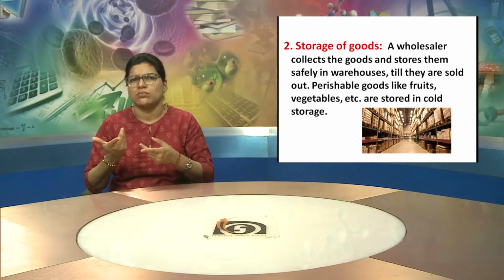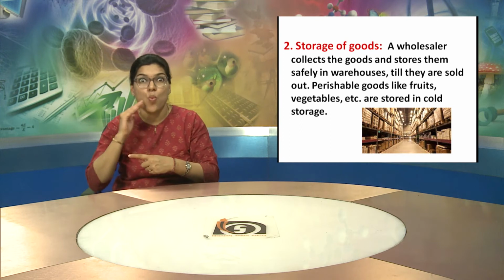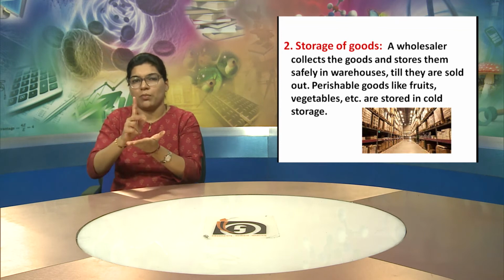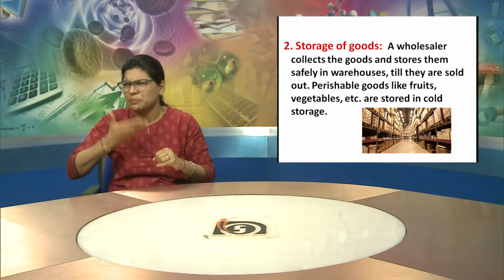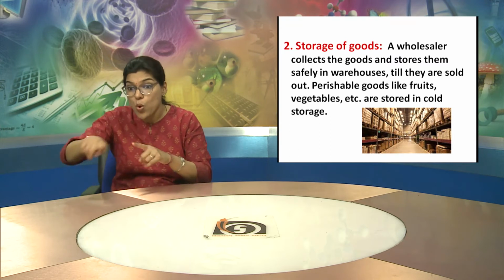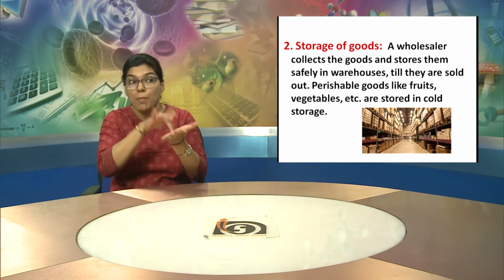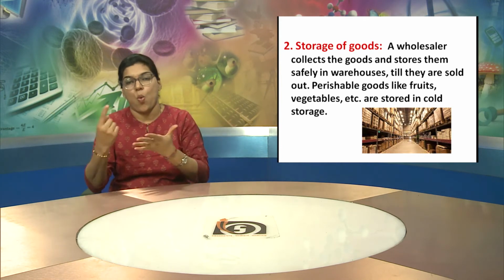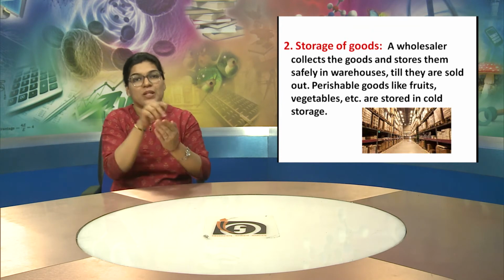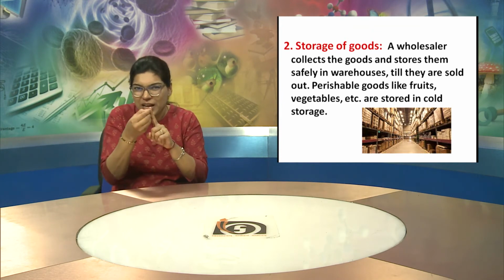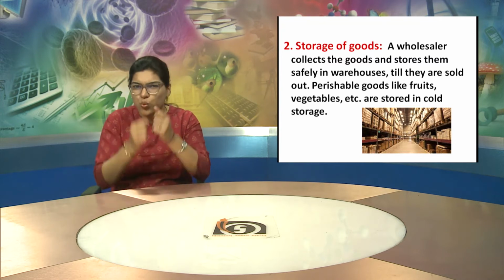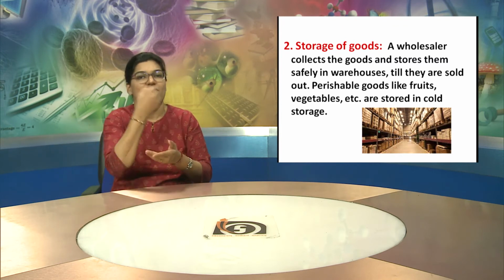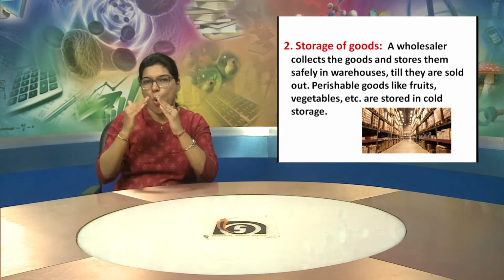For example, perishable goods like fruit, vegetable, etc. are stored in cold storage because products related to food get perished easily, such as milk, fruit, vegetable, etc. That should be kept in cold storage.